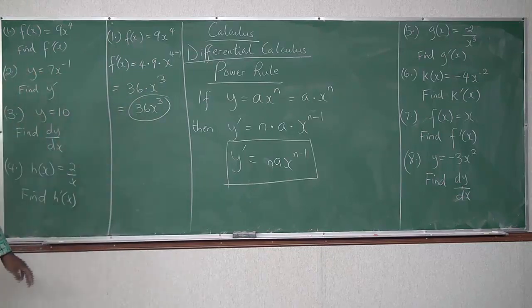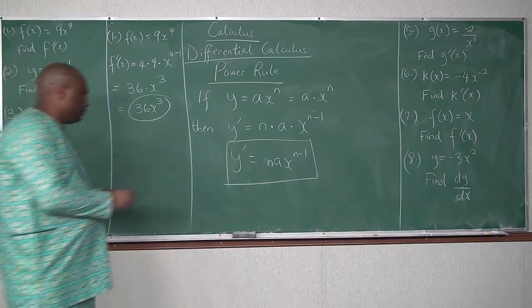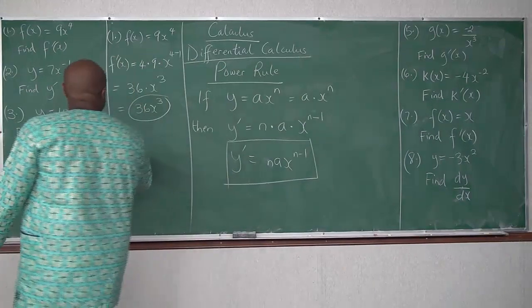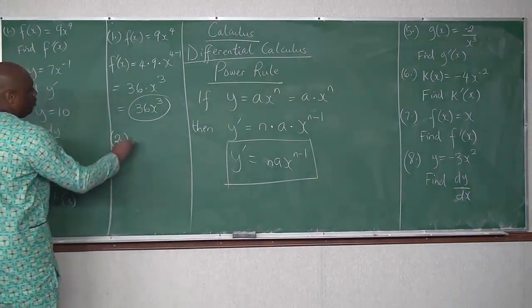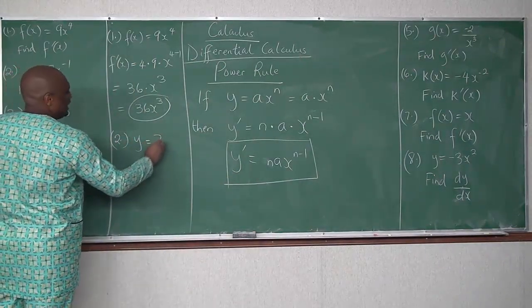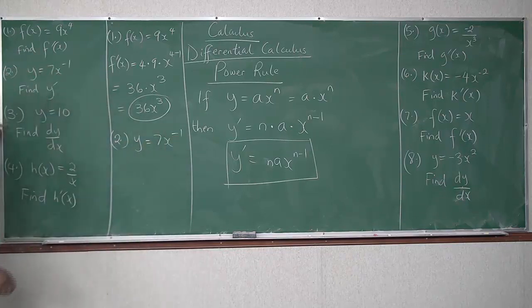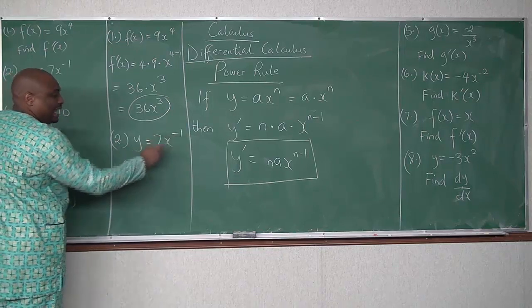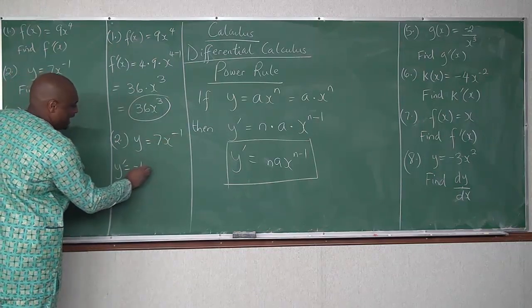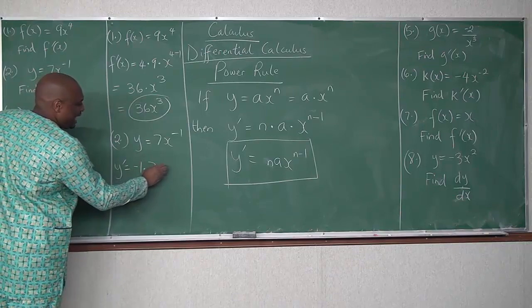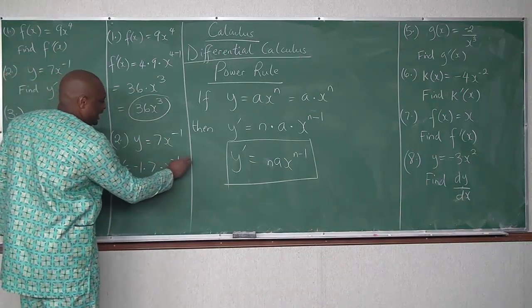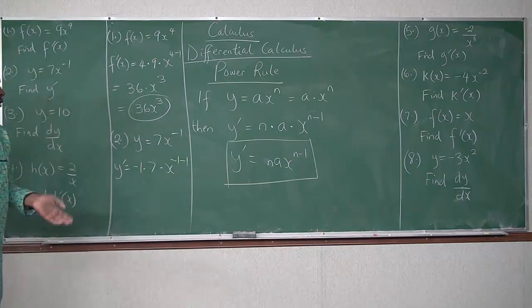Number two, you have y equal to 7x exponent negative 1. So y prime will be negative 1 times 7 times x exponent negative 1 minus 1.